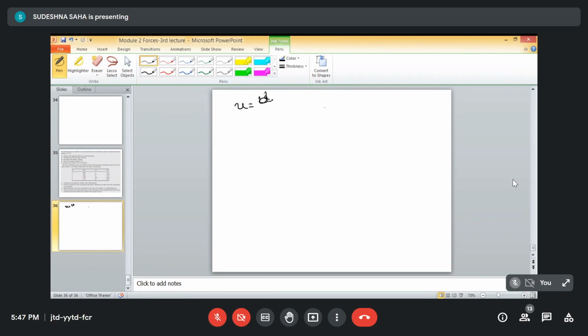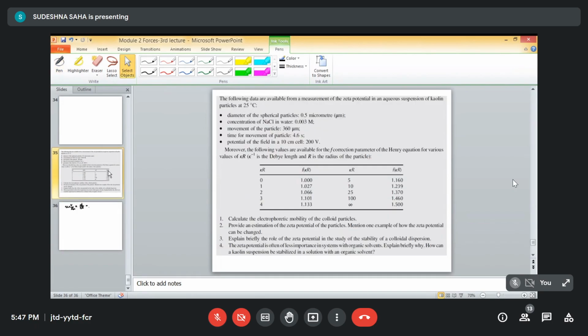d divided by... আচ্ছা ভিটাকে যদি আমি লিখিও আমার অসুবিধা নেই লিখতে। So v by ex, v we can write in terms of d by t into e in that format, or x by t into e, whatever you want to write, and that basically gives us the value of the movement of the particle.